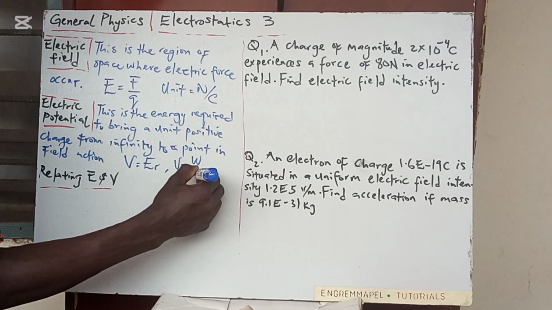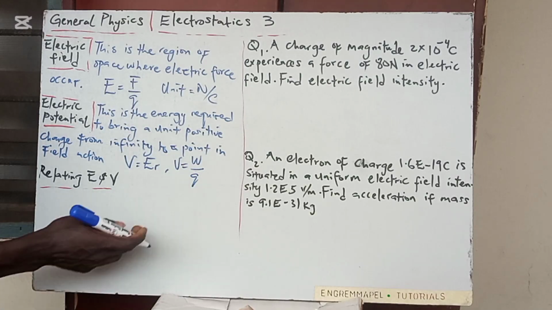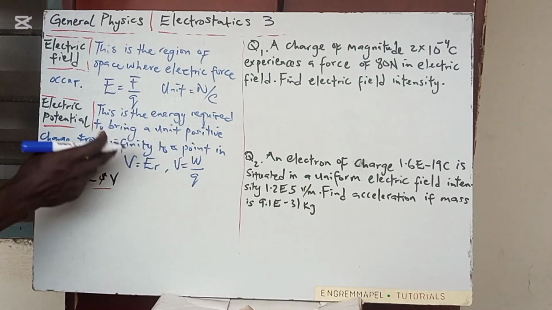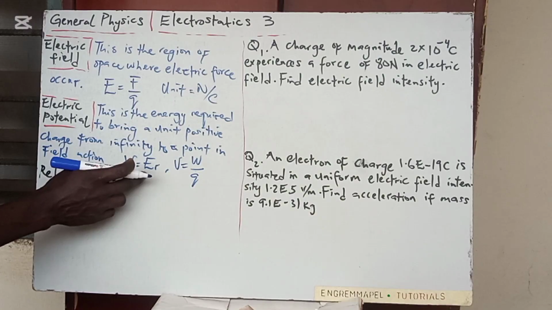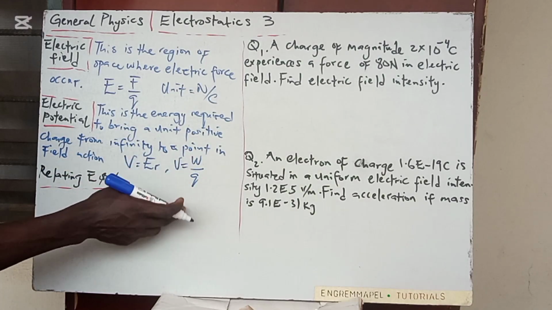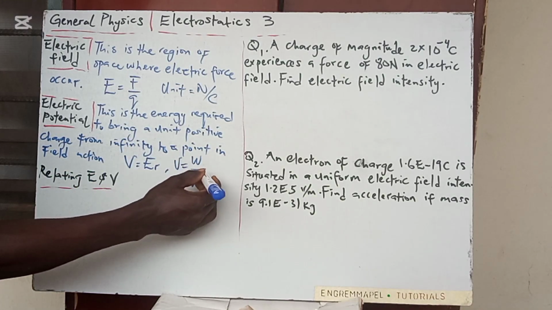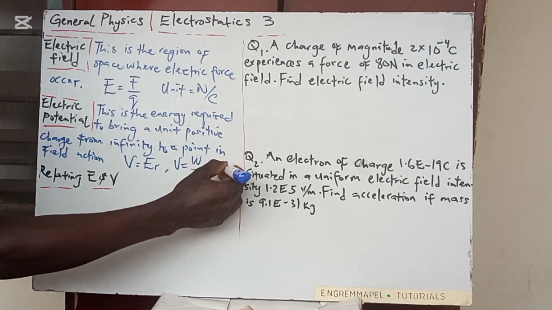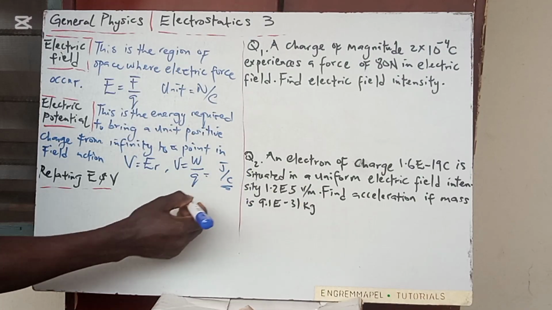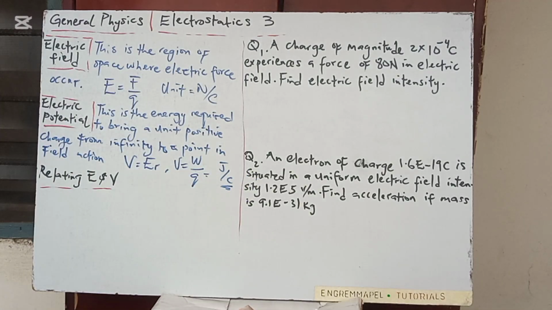When you have work done in the equation and you are given charge, you can calculate it. When you have electric field intensity you use the first, and when you have work done and charge, you use this formula. This is going to be joule per coulomb, which is the unit for electric potential.